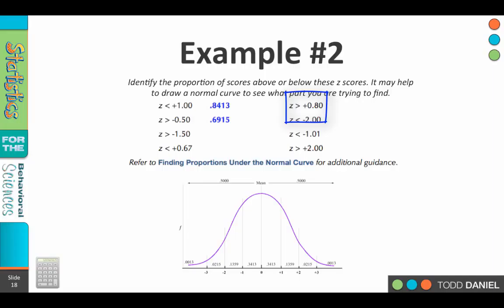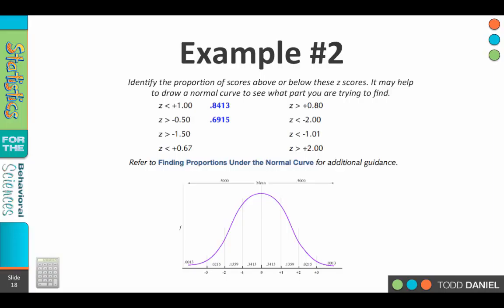So what you would do is look up a value of z equals 0.80 in your z table and subtract that value from 0.500. Why subtract? Because we're already considering that half of the scores are above the mean. We know that a certain proportion of the scores are between the mean and positive 0.80, and we want the remainder of that.